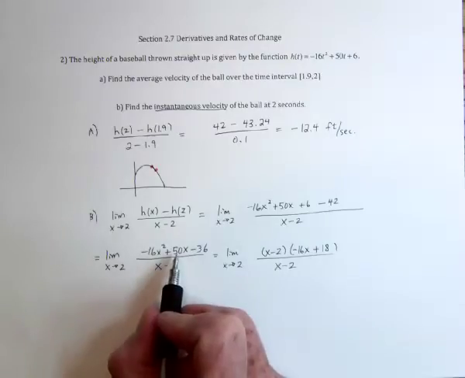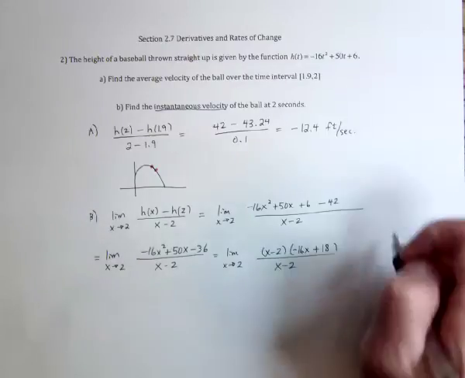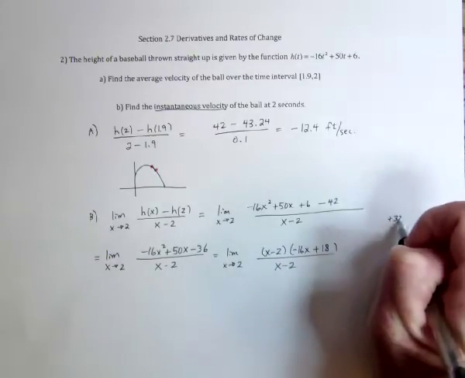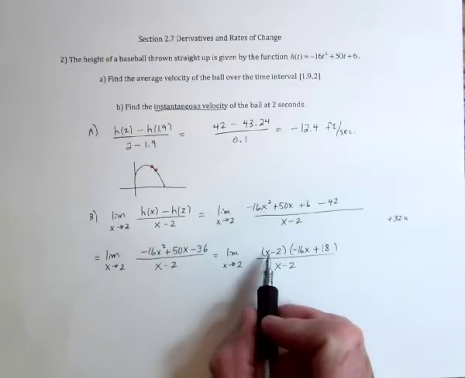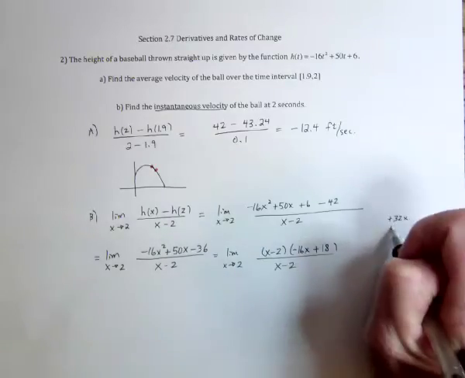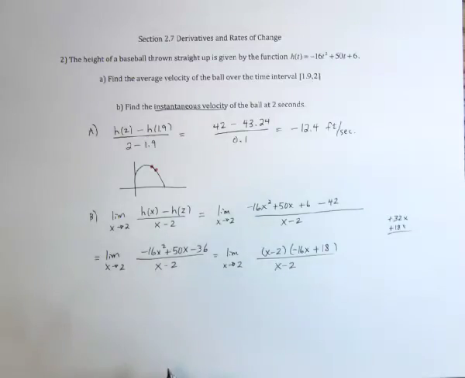But now we need to make sure that that works for this 50x, see if that's right. Well, right here and here, we would have positive 32x. And from the outside one times the outside one, that would be positive 18x, which sure enough works. That's positive 50x. Great.